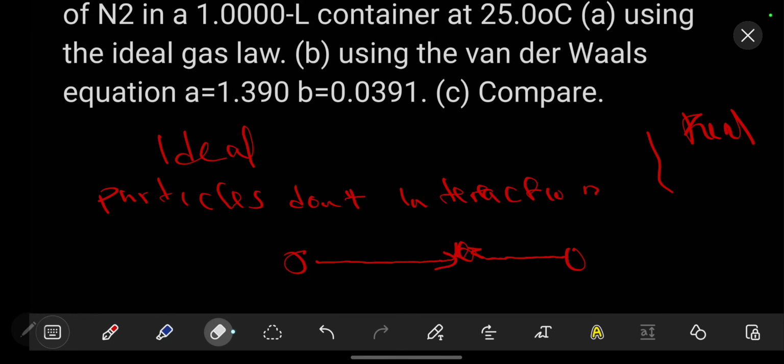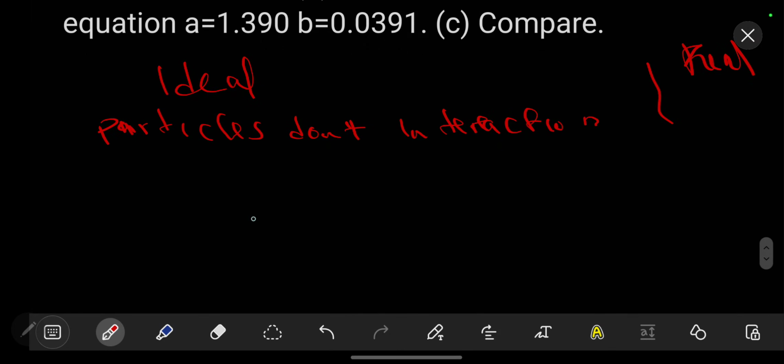The other assumption about ideal gases is that they do not have volume, or in other words, the volume of ideal gases is negligible. This is like having only one person on Earth: the space or volume occupied by that person is too small to be considered.